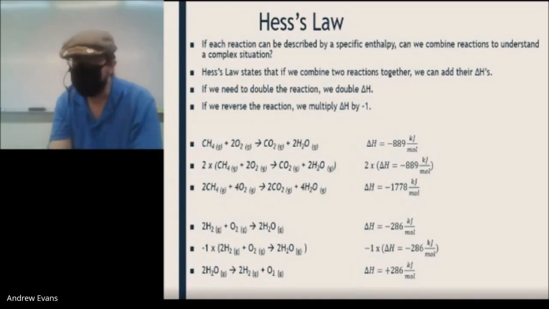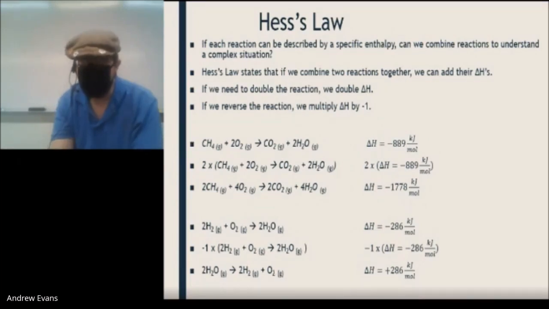And this is the perfect example of why enthalpy is a state function. The idea is, if each reaction can be described by a specific enthalpy, can we combine reactions to understand a complex situation?